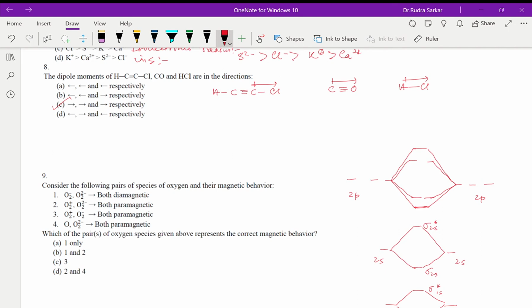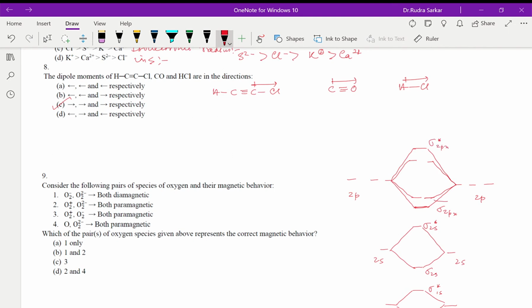So this is obviously coming from sigma 2px, and this is say sigma star 2px.